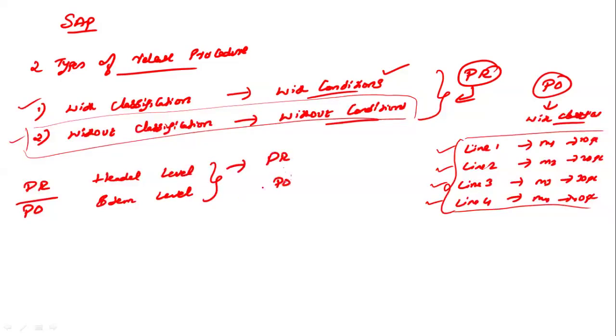For PO, it is only header level. In PR, you can release item level and the header level. In PO, you can only release at the header level. Okay. So this is the importance of the release procedure in the perspective of theoretical as well as system-wise. Any questions?